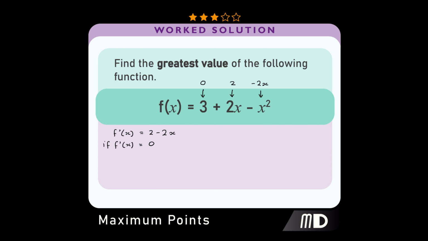If 2 minus 2x is equal to 0, then subtracting 2 from each side gives us minus 2x equal to minus 2, which, by dividing both sides by minus 2, gives us a value of x equal to 1.